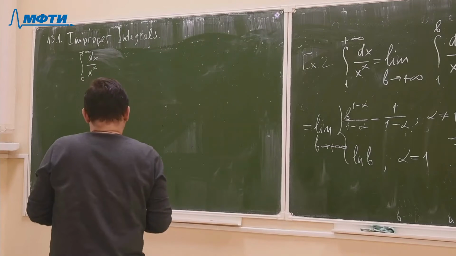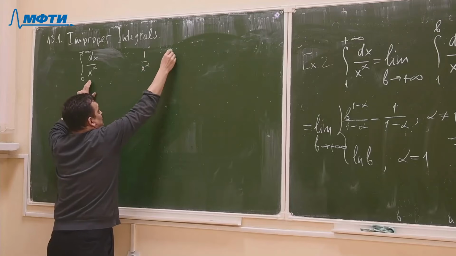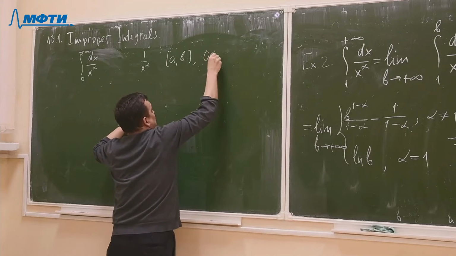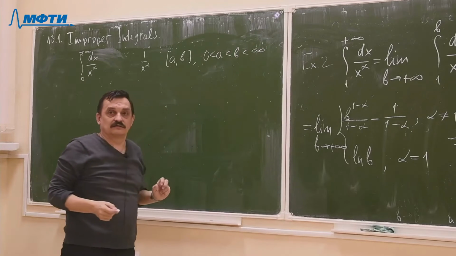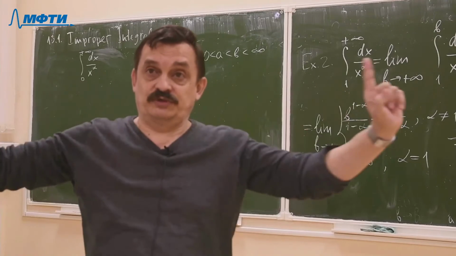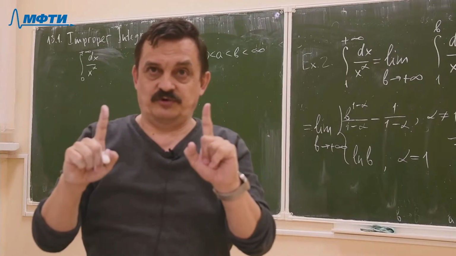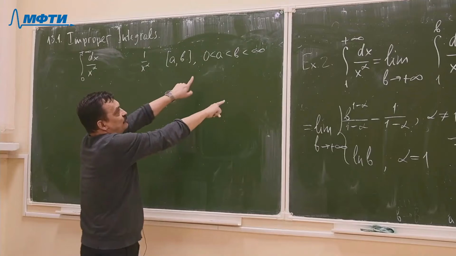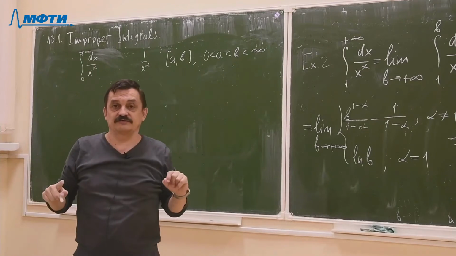Because 1 over x power alpha is integrable for arbitrary a, b, right? For an arbitrary interval strictly between 0 and infinity, we can integrate without any problem, right? So it means we have two problems simultaneously here: 0 and infinity.